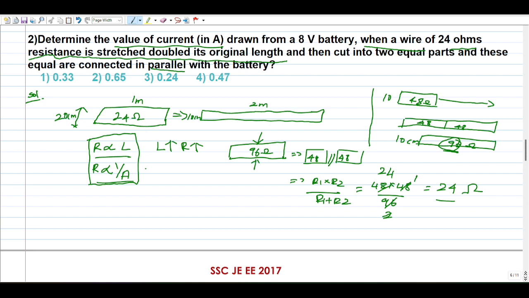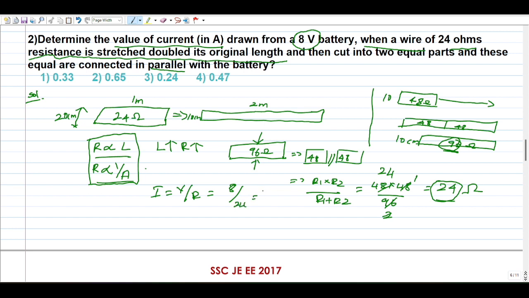Now we need to find the value of current. See, now we got the value of resistance and the value of voltage is 8 volt. We have the direct formula, I is equal to V by R. Now the value of voltage is 8 by the value of resistance, 24.